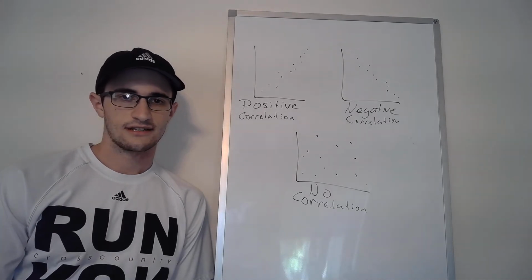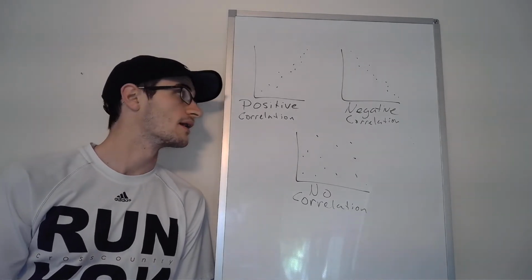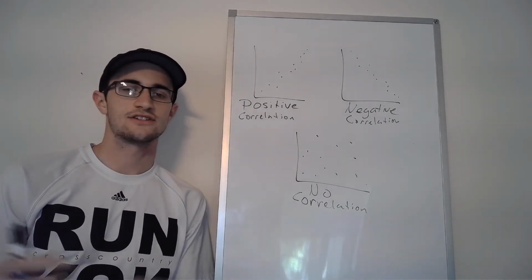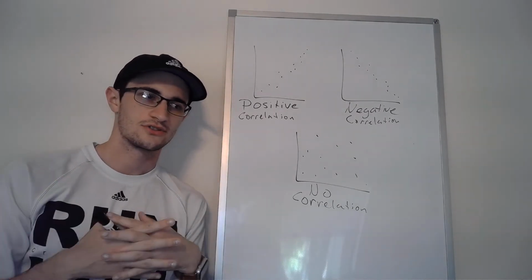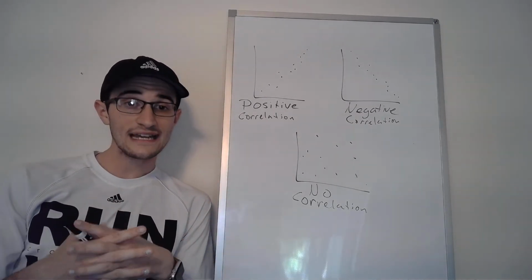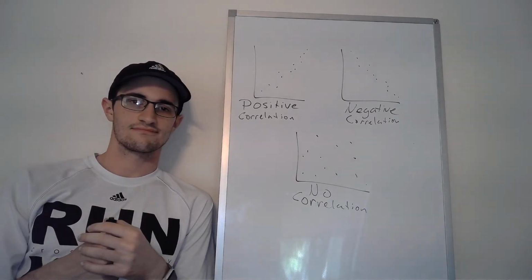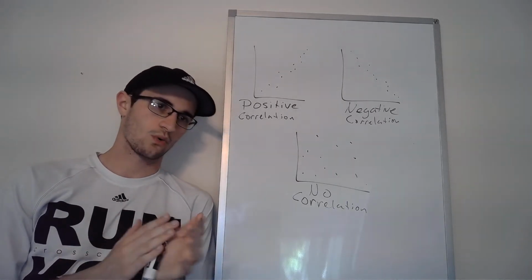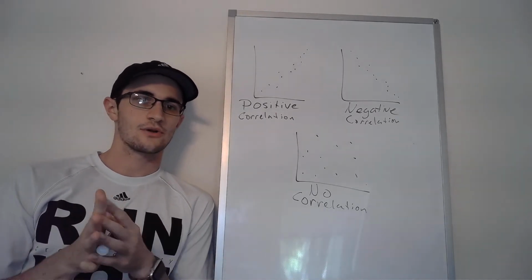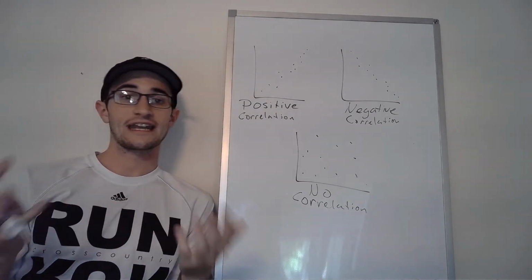Positive, negative, and random aren't new ideas, but this idea that the 2 sets of data are correlated is new. And correlated means paired together, or they go along with one another, or they're connected in some sort.